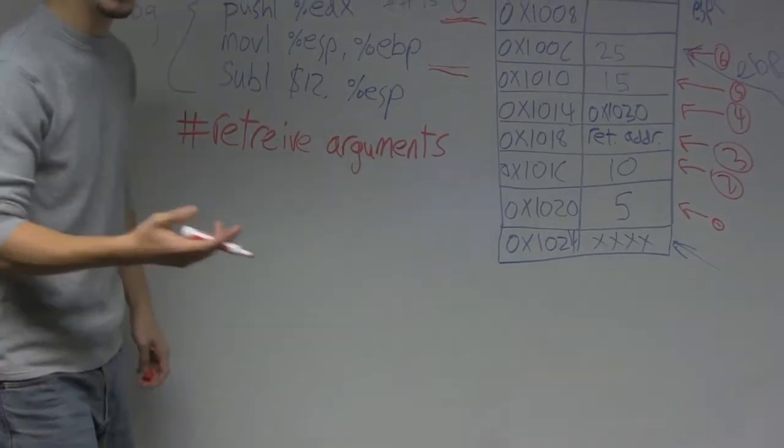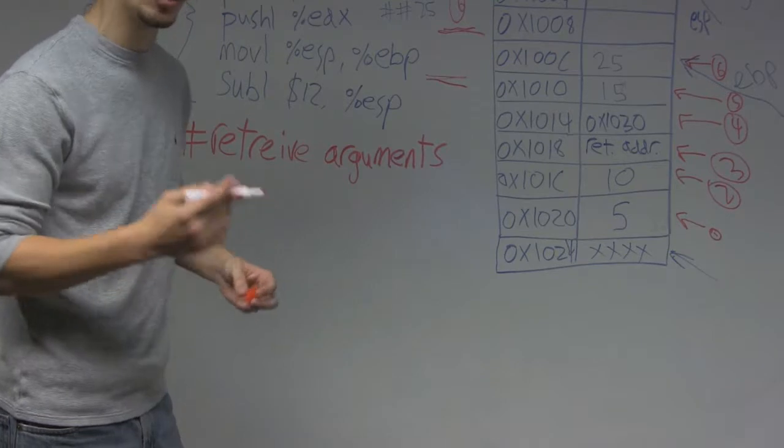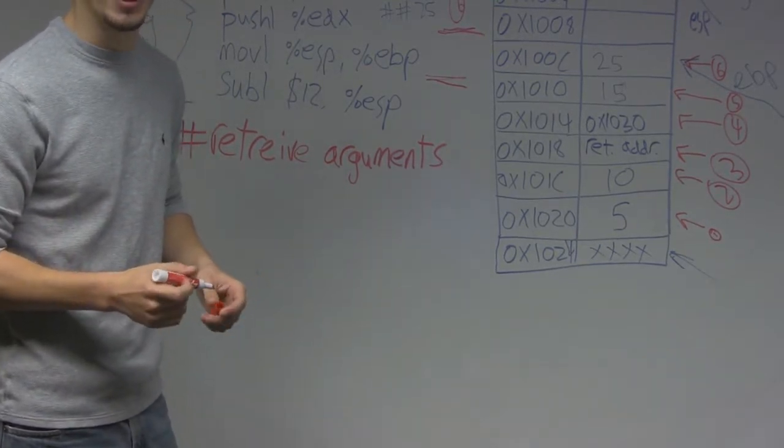So the way that we're going to retrieve our arguments is by using an offset, using register indirect addressing.